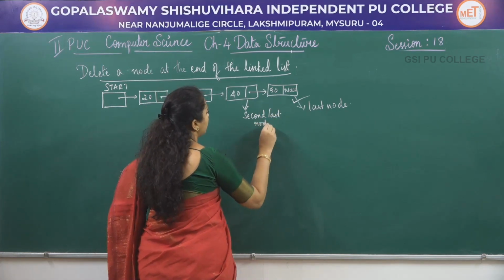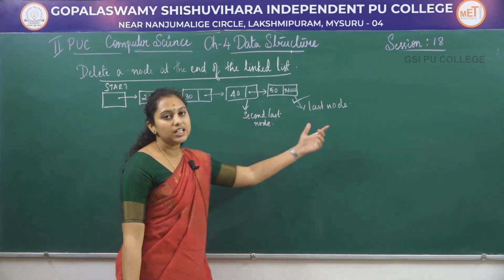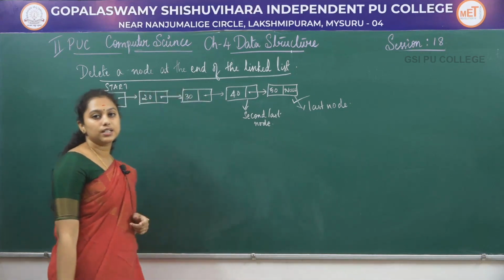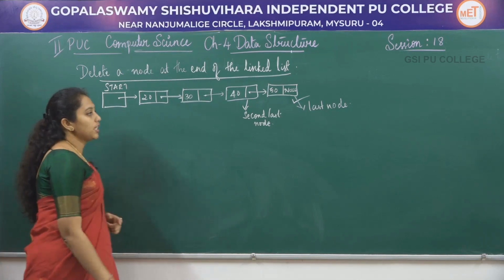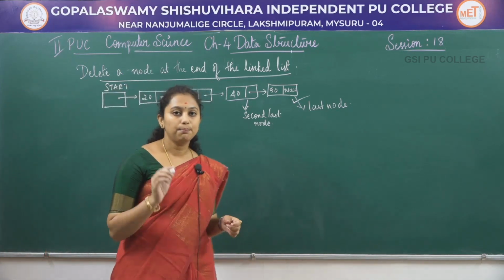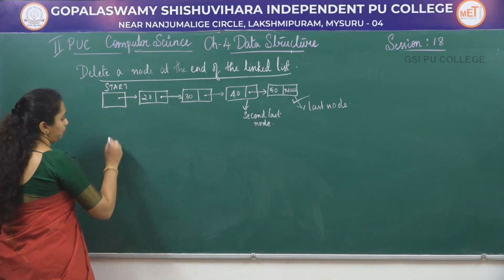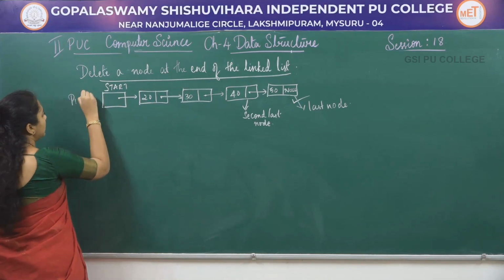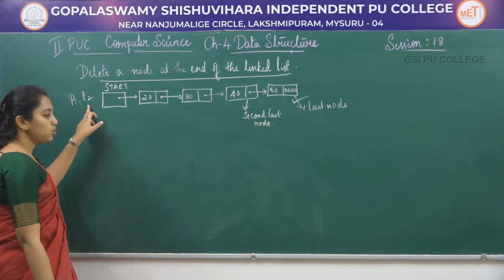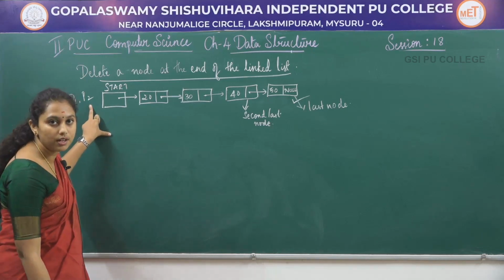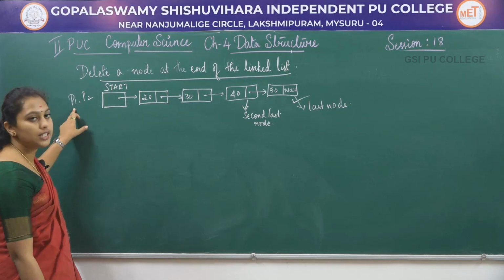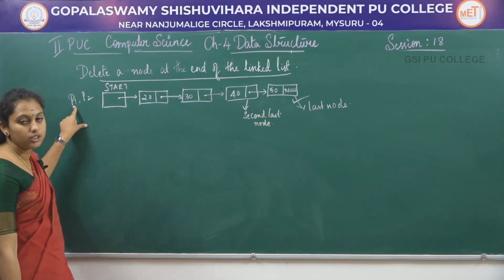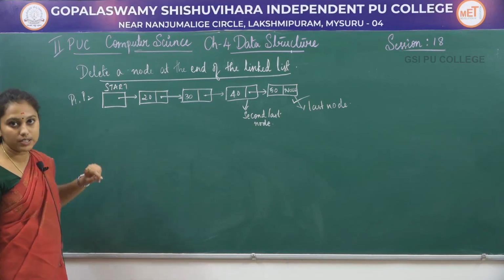First we have to find out the last node as well as the second last node of the linked list. So here we are using two pointers, P1 and P2. P2 is used for traversal of all the nodes in the linked list and P1 is used to store the location of the previous node.